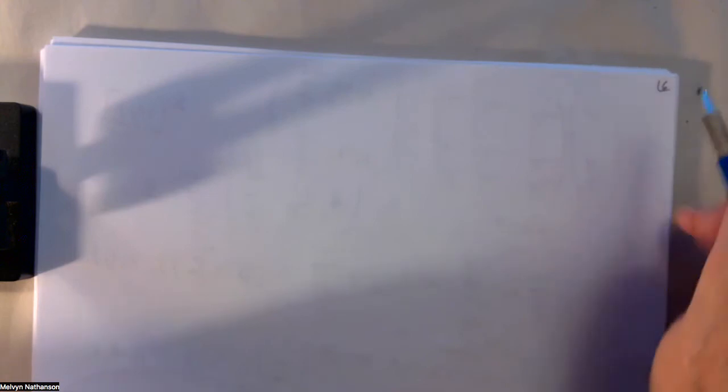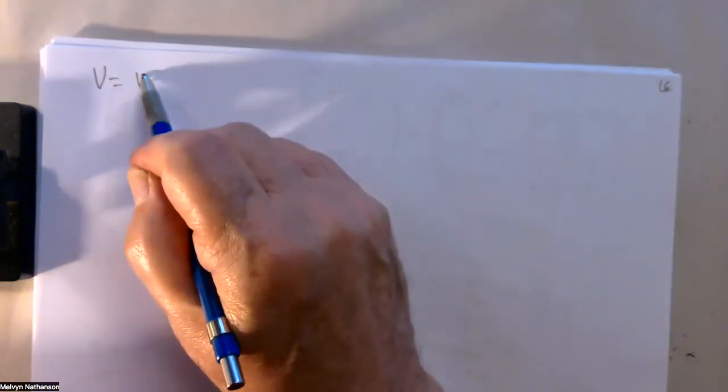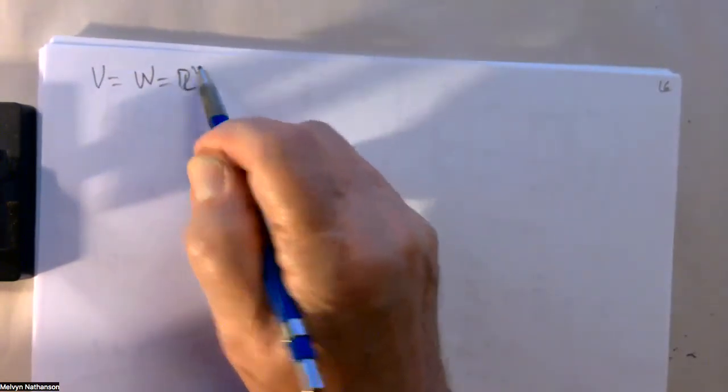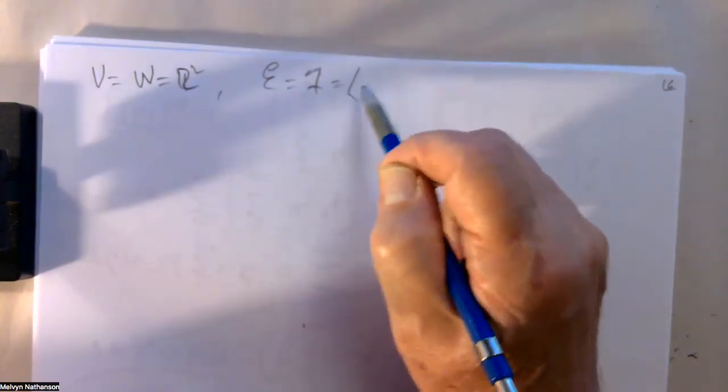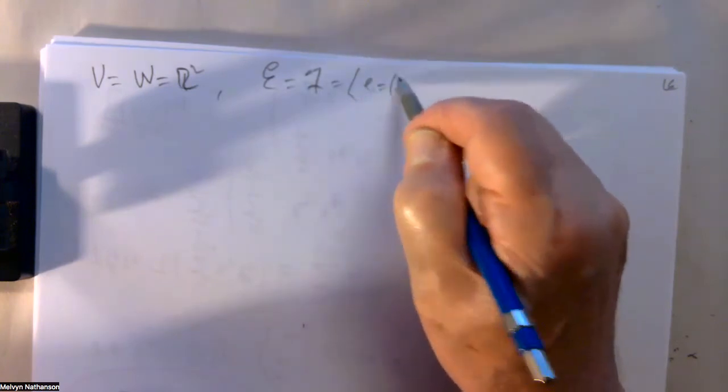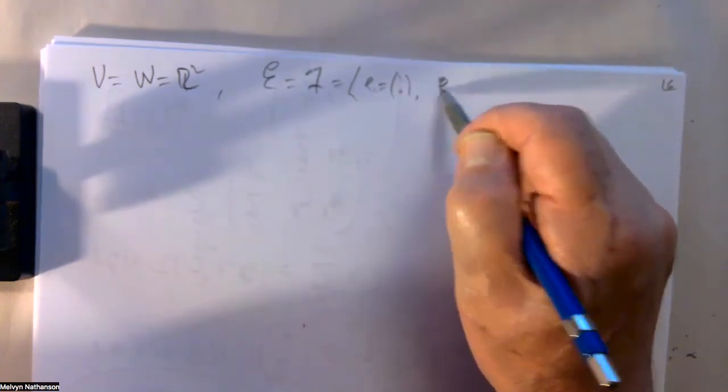Let's take a simple example. Suppose we take V and W to just be R2. As our bases, we take the same bases, the standard basis, (1, 0) and (0, 1).